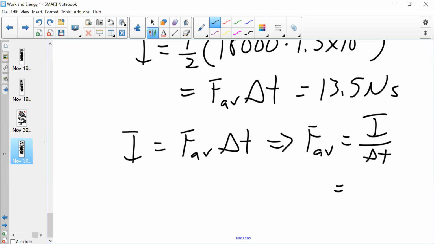It comes out to be 13.5 divided by 1.5 times 10 to the minus 3, newton seconds over seconds, which comes out to newtons.